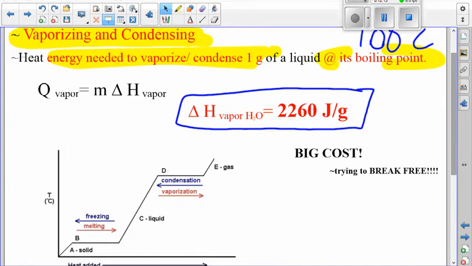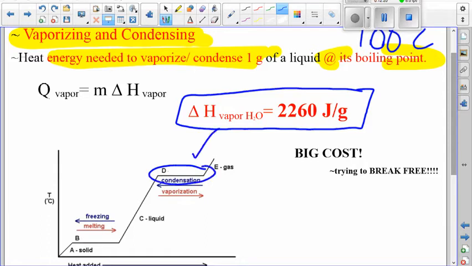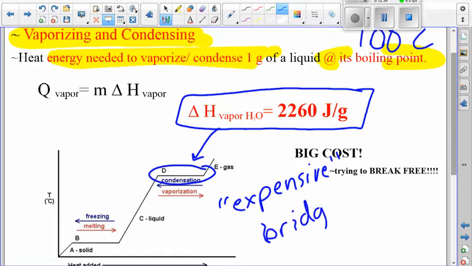And this number only applies to this section right here, that phase change. And so I sometimes call this the, quote-unquote, expensive bridge. You do not have to write that down or use that term if you don't want.